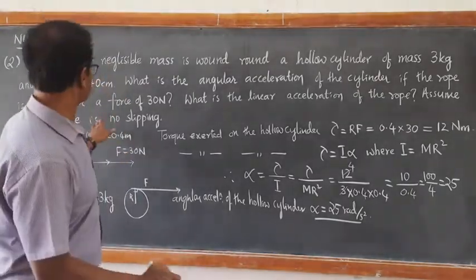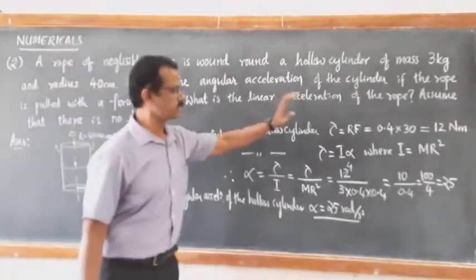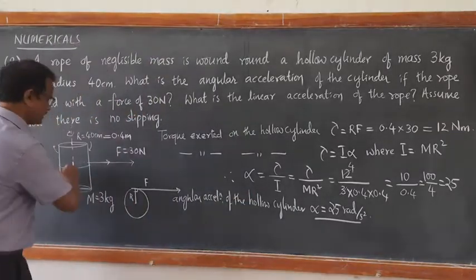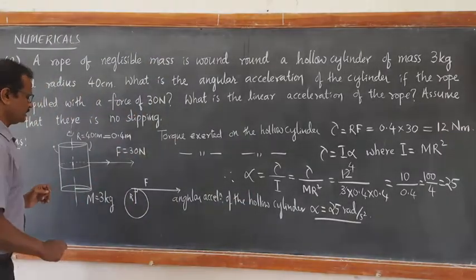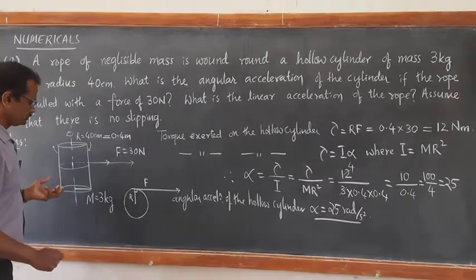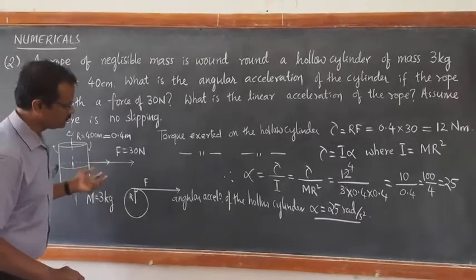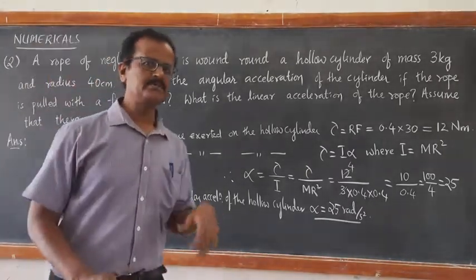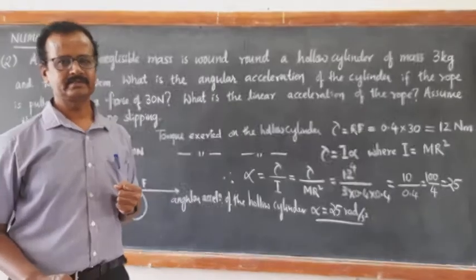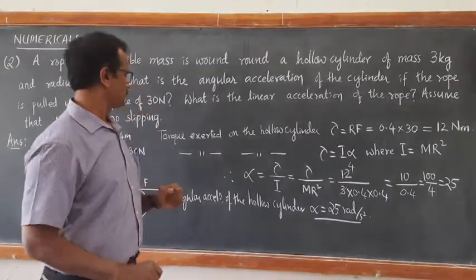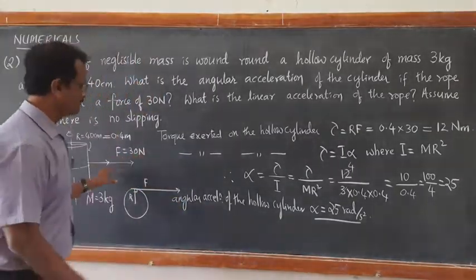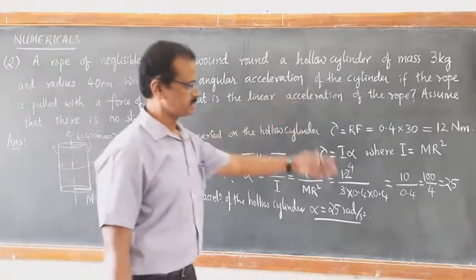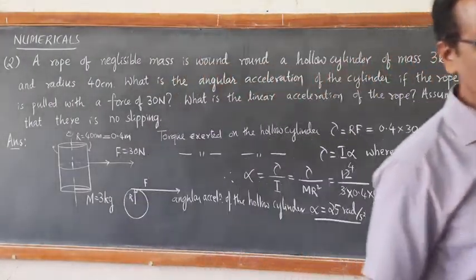The next part is, what is the linear acceleration of the rope? Linear acceleration of the rope is the rate of change of linear velocity. I will write the first part here, and the second part on the next board.